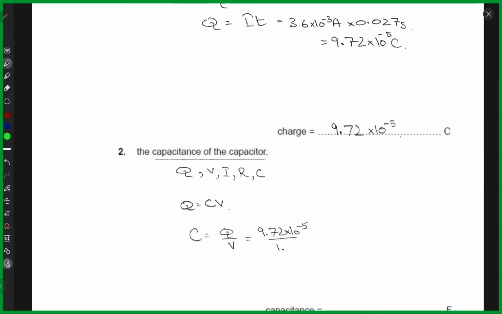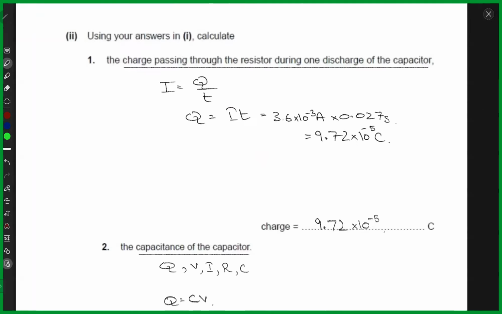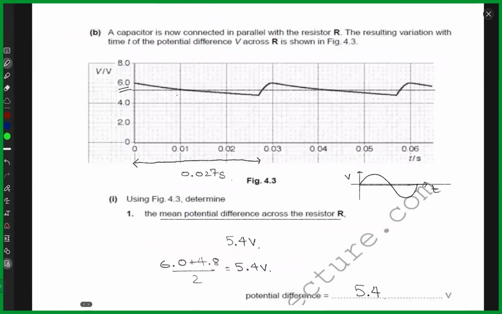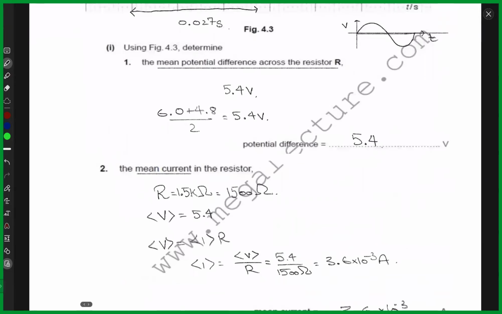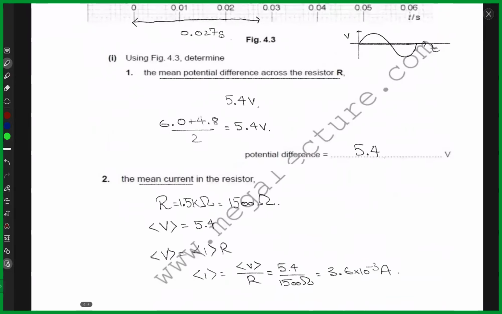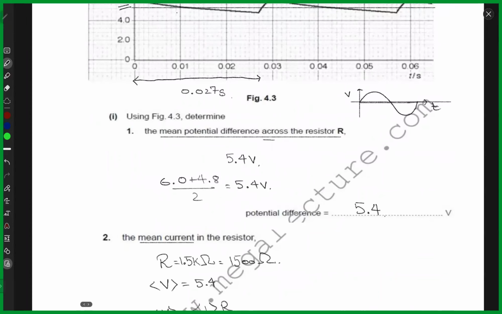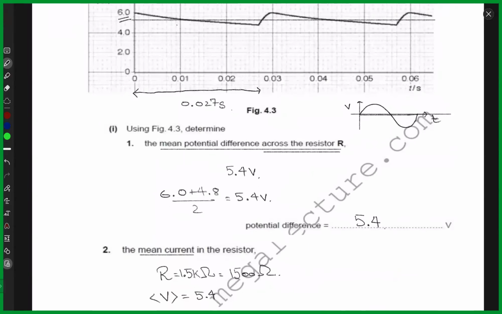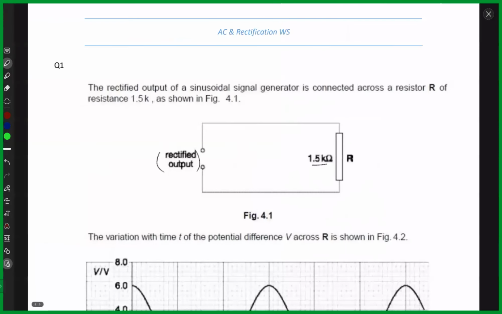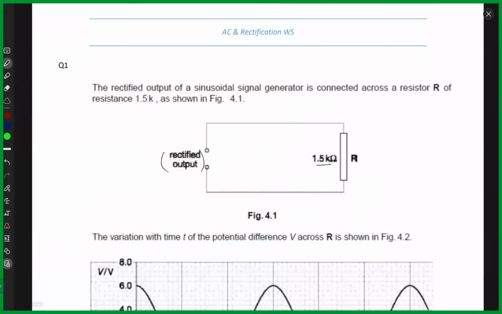1.2 for the capacitor. What would be the potential difference? Remember, this potential difference is across the resistor R, right? But now we're finding the capacitance of the capacitor, for which we need the potential difference across the capacitor, right?